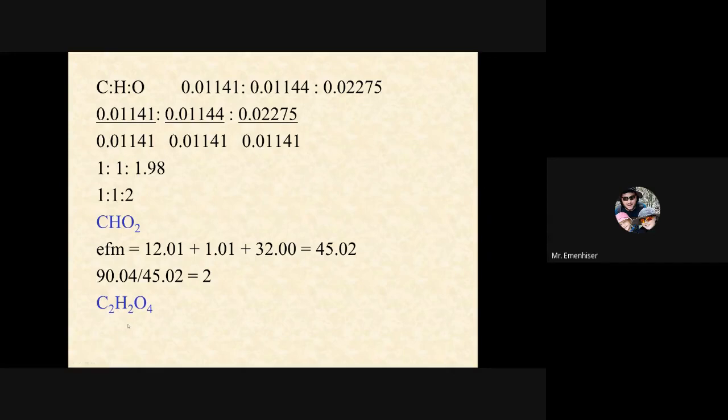So C2H2O4 is our formula for this compound. All we did was burn it and weigh the products, and we figured out what it was. So this has applications in forensics, right? You can burn stuff in the lab and record the results and determine what the compound was. That's pretty miraculous, right? That's pretty cool.